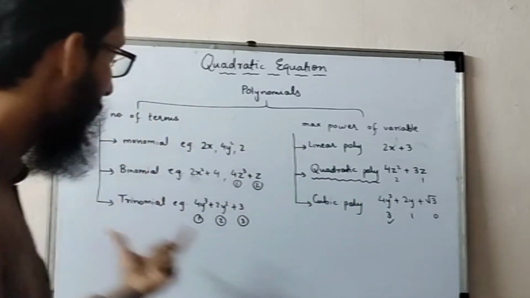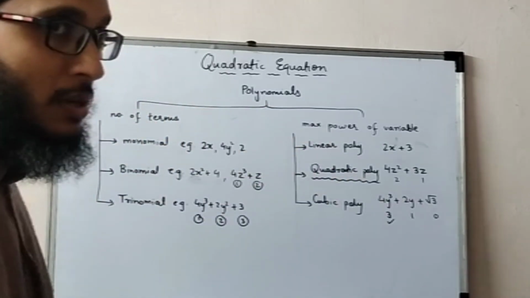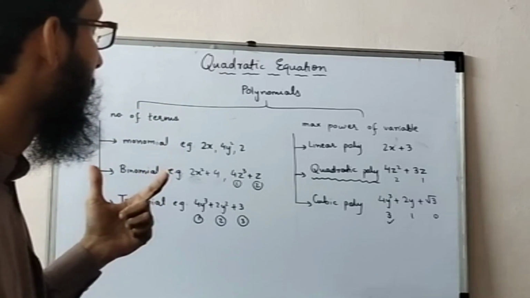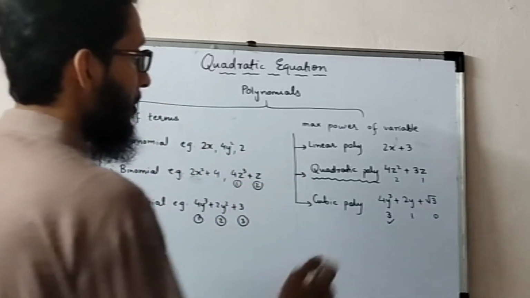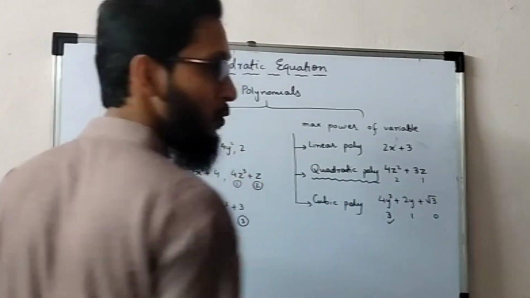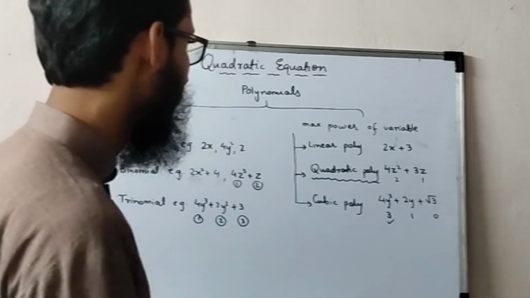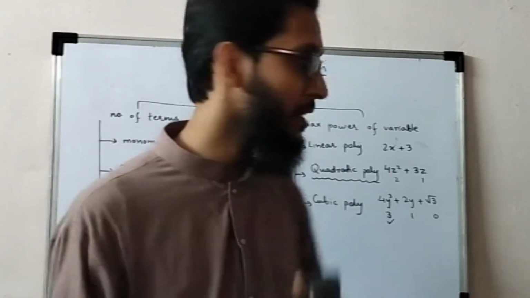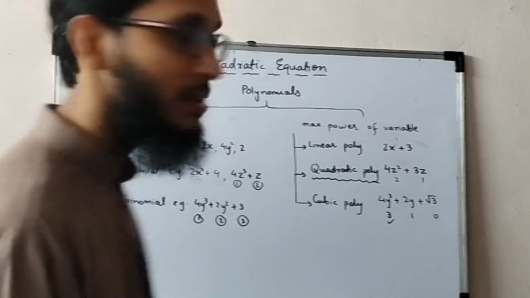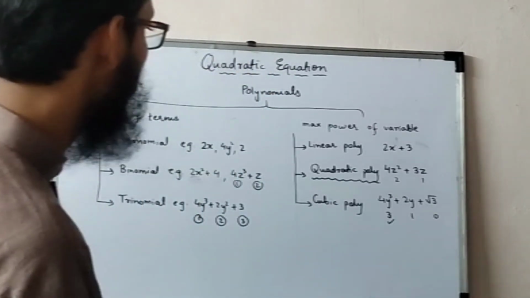From this explanation, you might have understood what quadratic means. Okay, if the polynomial having maximum power 2 is quadratic polynomial, then what is quadratic equation? So I will explain in the further video.